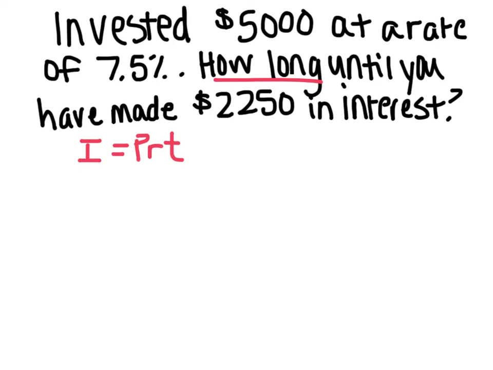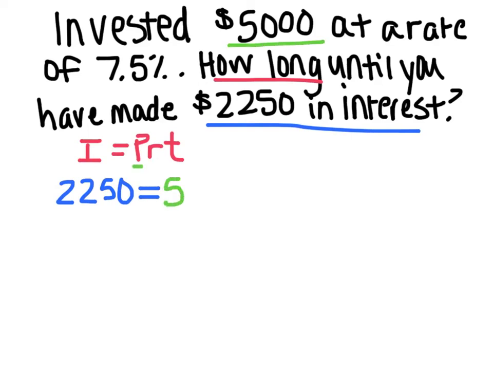We know our interest was $2,250. We know the amount that we invested, our principal, was $5,000. And we know our interest rate is 7.5%.